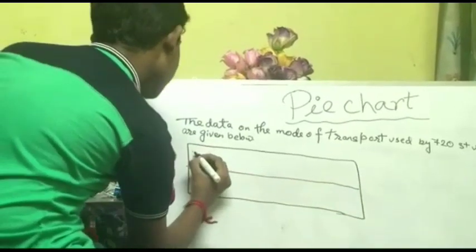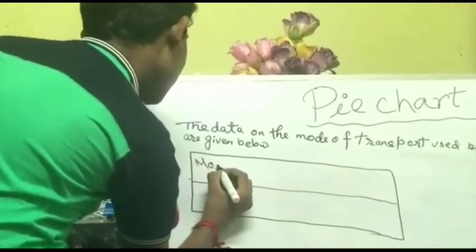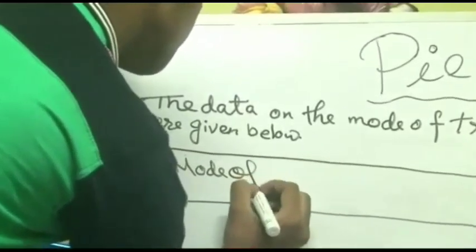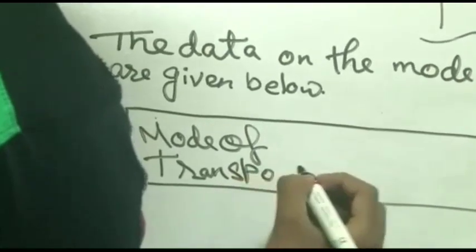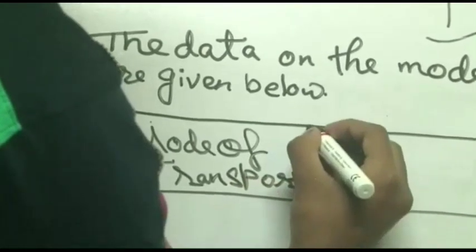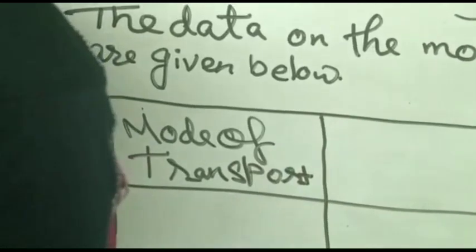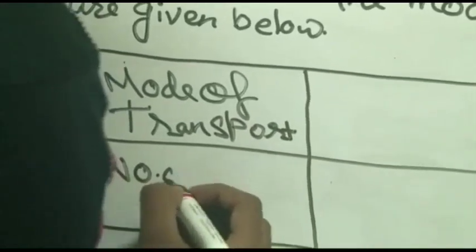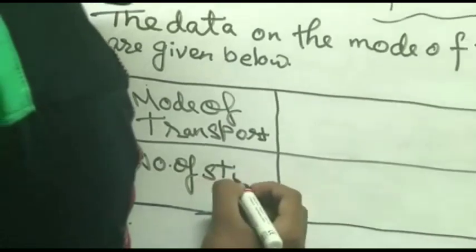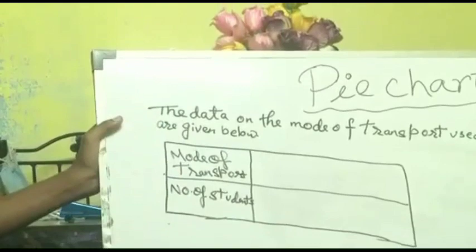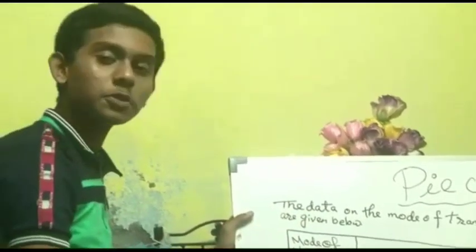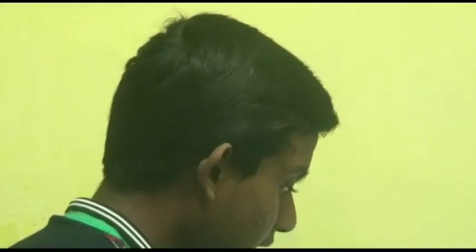First you have to write mode of transport, and in the second column you have to write number of students. The question says the data on the mode of transport used by 720 students are given below.